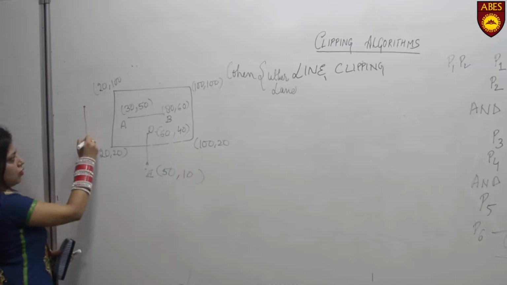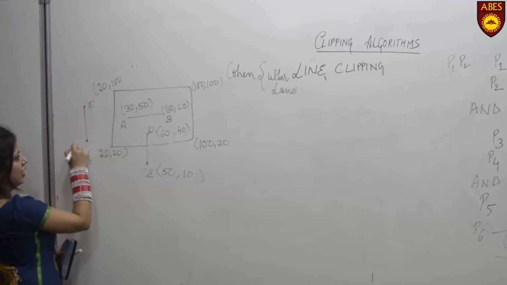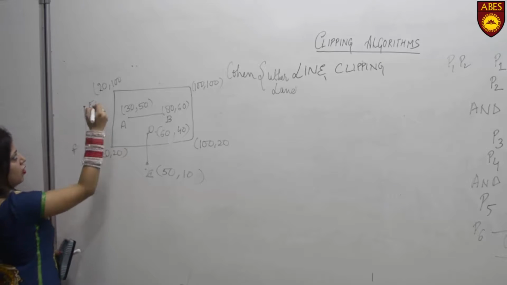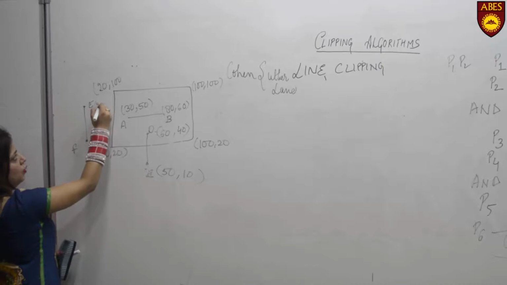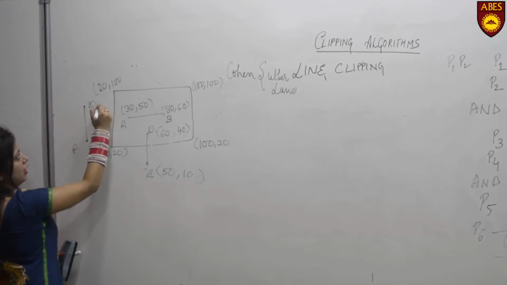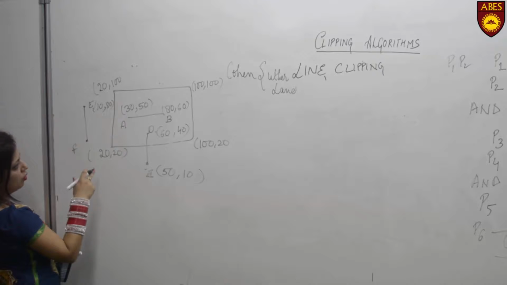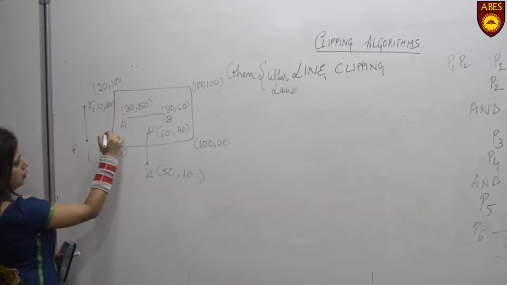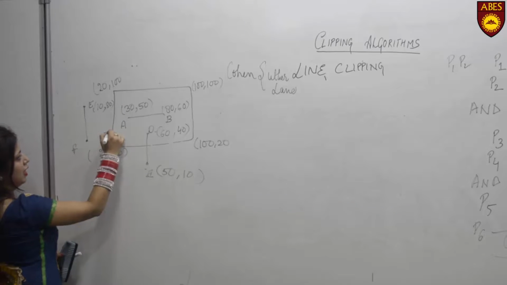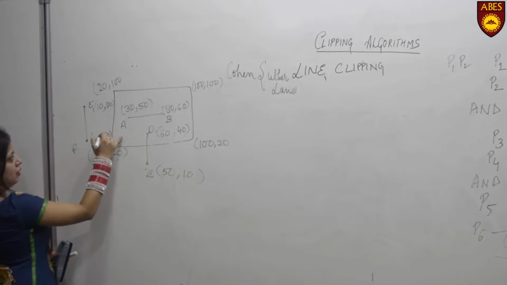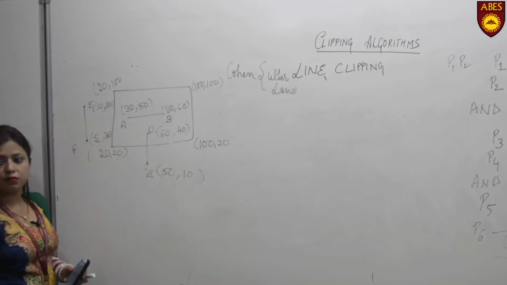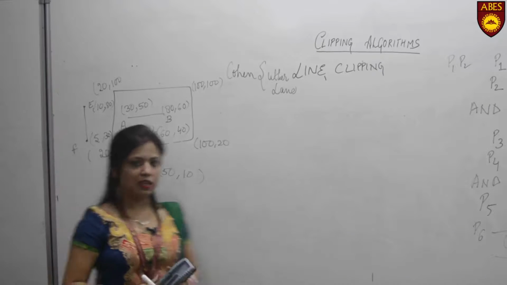Third, we'll take the case of invisibility, E and F. E has coordinate values of 10, 80 and F has coordinate values of 30, 5. Let's take one by one all the three cases.